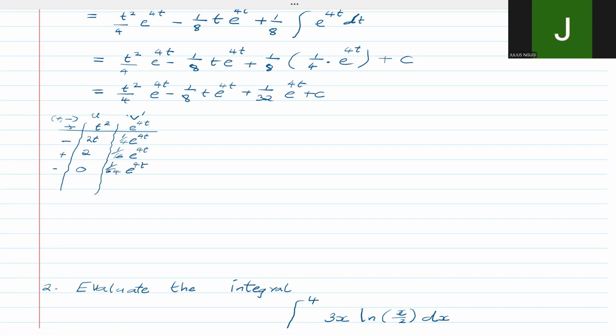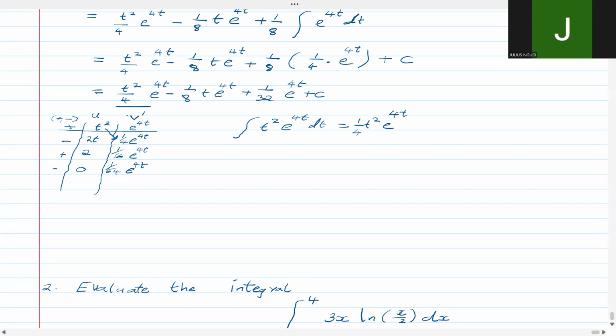And then the answer for the integral, the one given here in the first row, exponential power 4t dt multiplied by t squared is equal to, this is the first answer, follow my arrow, t squared multiplied by 1 over 4, so it's 1 over 4 t squared exponential power 4t, and you can see that's the first part, t squared over 4 exponential power 4t.